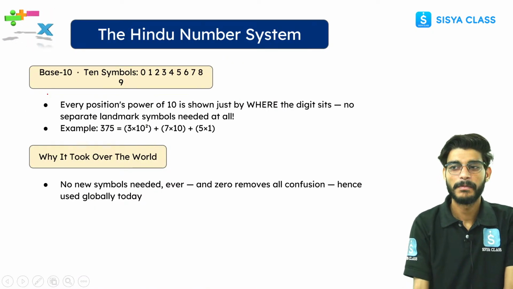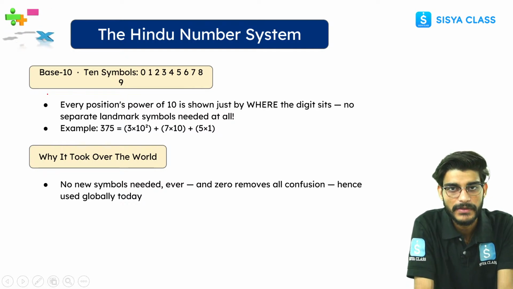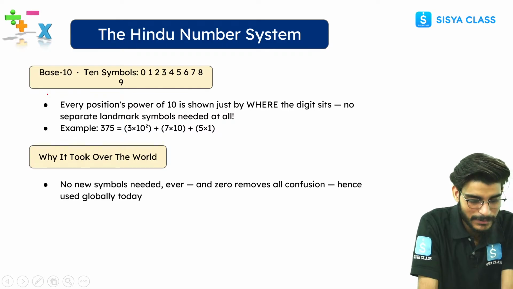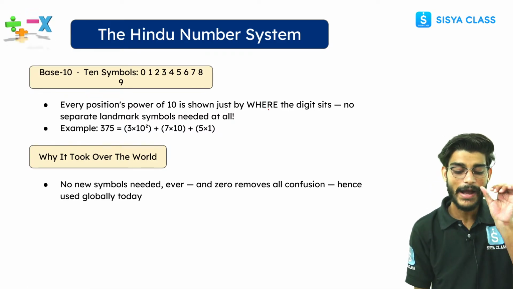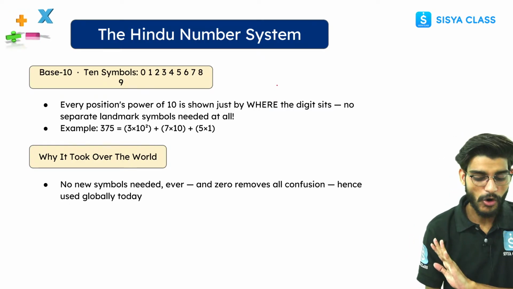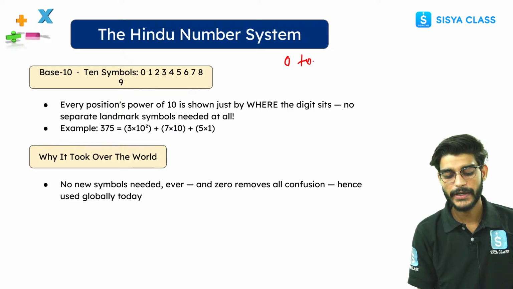Now let's come back to the final number system, and that is the Hindu number system. I don't need to explain this because everyone is master of this. Why? It ended all confusion because there is no different notation other than 0 to 9.